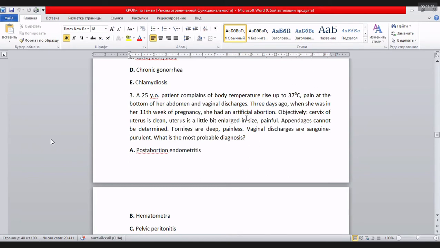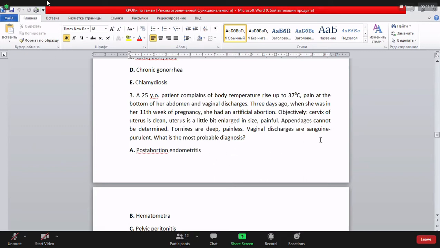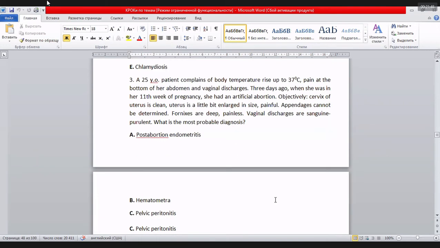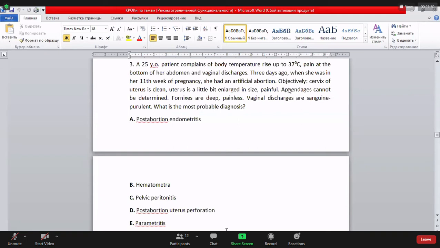Uterus is a little bit enlarged in size and painful. Appendages cannot be determined. Fornices are deep and painless. Vaginal discharges, sanguineous purulent. What is the most probable diagnosis?